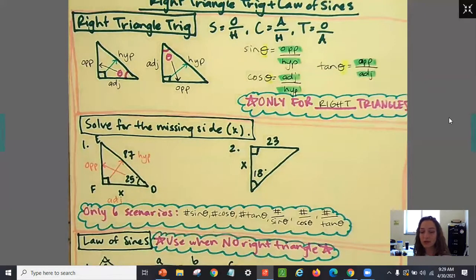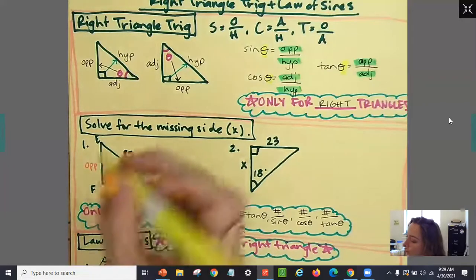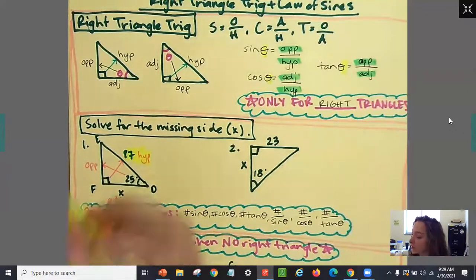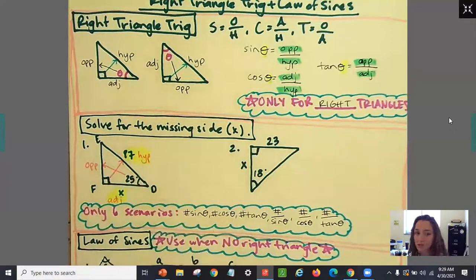Okay, now what I'm going to do is I'm going to ask myself, which values am I given to work with? If you look over here at the opposite, there's no value that was already there in this problem. So we're not going to be using the opposite. We're going to be using the hypotenuse, which does have a label on it. And we're going to be using the adjacent, which does have the label on it, x, okay? So we're going to be using the hypotenuse and the adjacent. That is h and a.